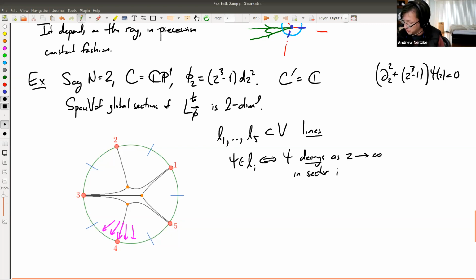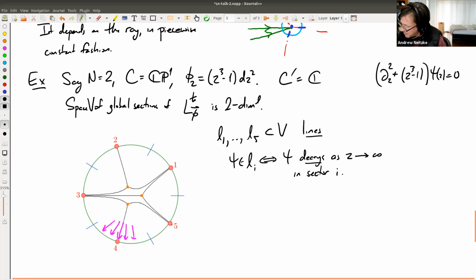I've marked these 5 sectors, 1, 2, 3, 4, 5. For example, the dots in the middle of a sector are somehow the most canonical points, but the statement is true no matter where you go inside the sector. Okay, so that's the picture of the structure of the space of flat sections of this differential equation.